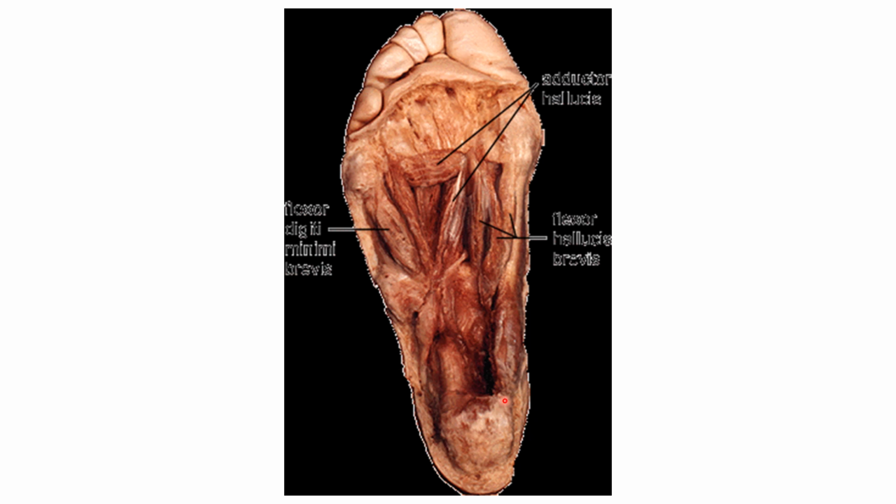And moving deeper, this is actually going to be the deepest layer. Actually, these layers you don't have to remove to see. The abductor hallucis is going to run all the way from the calcaneus to the first metatarsal. So this is abductor hallucis. You also have an abductor digiti minimi, which will run the entire length.